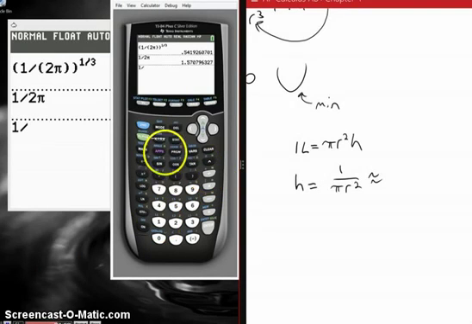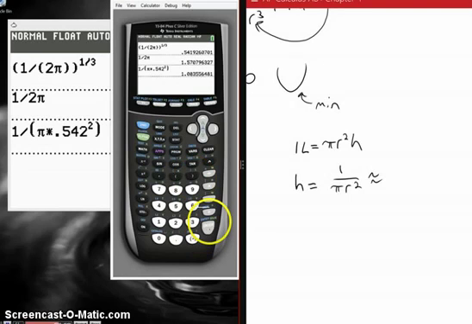Let's use plenty of parentheses. So we're going to have 1 divided by open parentheses pi times r squared. In this case, I solved for r. We said it was 0.542. So we'll square that. We're going to close the parentheses so that we're dividing by the whole thing, pi r squared. And that should give us a height of about 1.08.